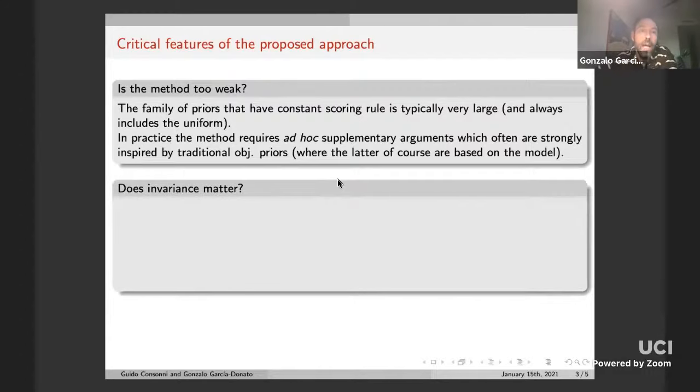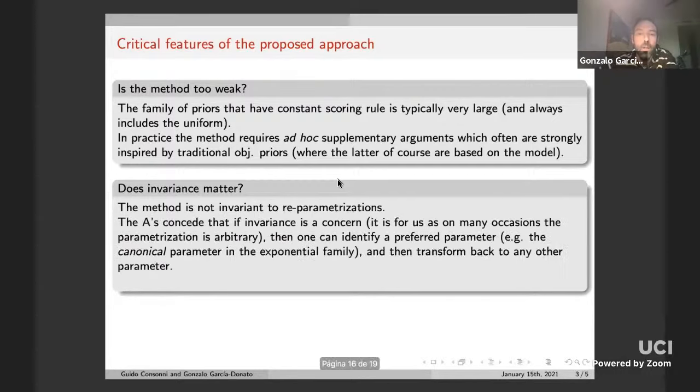Our second concern, a critical feature in this approach, is: does invariance matter? As was told and is written in the paper, the method is not invariant to reparameterization. The authors say that if invariance is a concern, which it is for me, then one can identify the preferred parameters, for instance the canonical parameter in the exponential family, and from there transform back using the standard transformation formula.